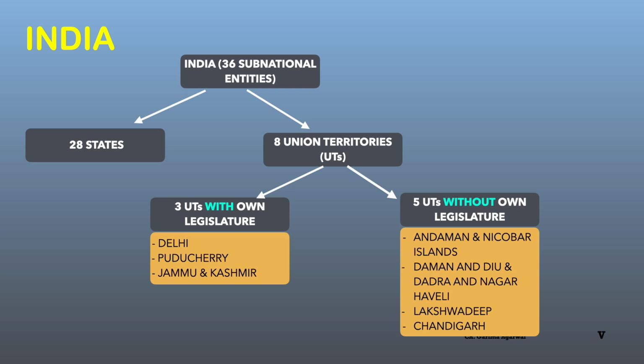Now, before going to the next topic, let's discuss a question that seems very simple but often creates a lot of confusion, both in exams and in practical life. The question is, how many states does India have for GST purposes? Note, for GST purposes. Now let's understand the answer. As per Article 1 of the Constitution, India is a union of states.